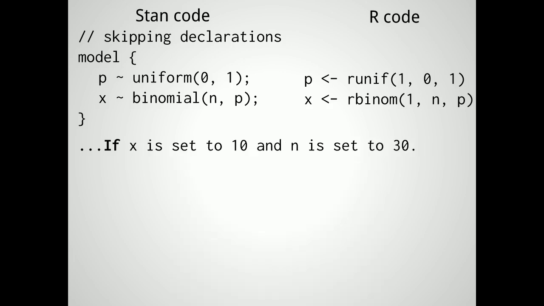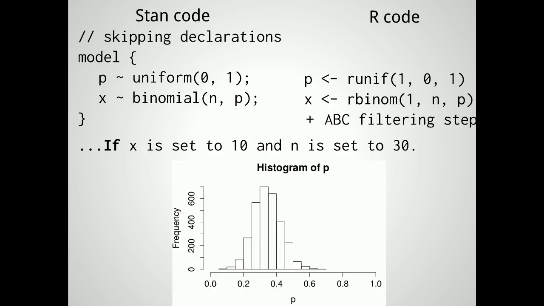However, if we add some data to the Stan program and x is set to say 10 with n being say 30, that is we have 10 successes out of 30 trials, then the Stan program will produce samples of p that are similar to running the R code with an extra approximate Bayesian filtering step at the end. That is, sampling p's uniformly between 0 and 1 and then filtering away all those p's that didn't result in x becoming 10.